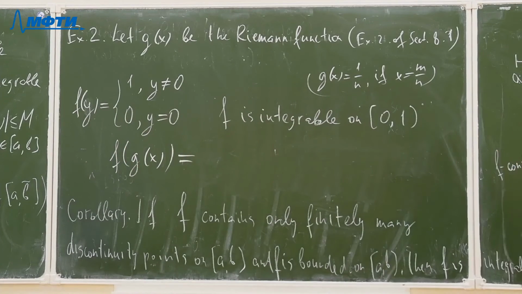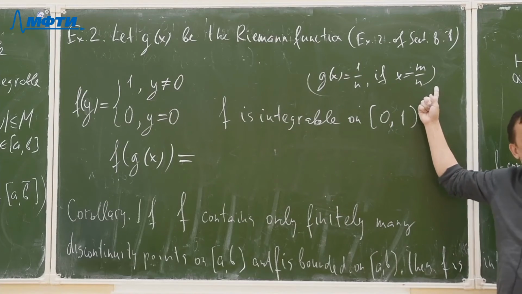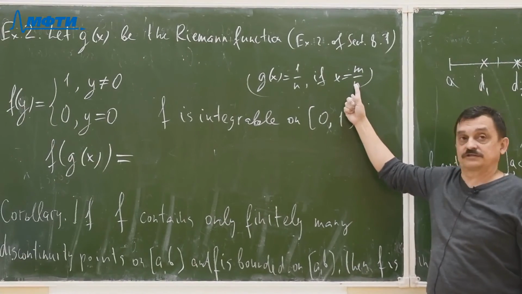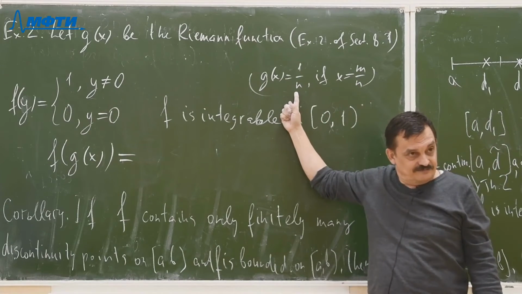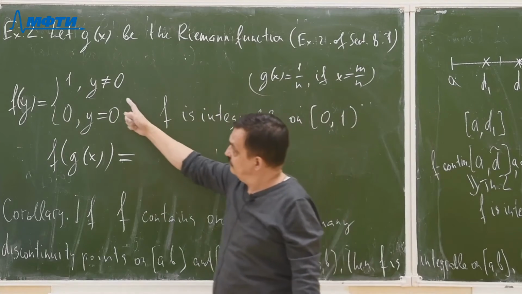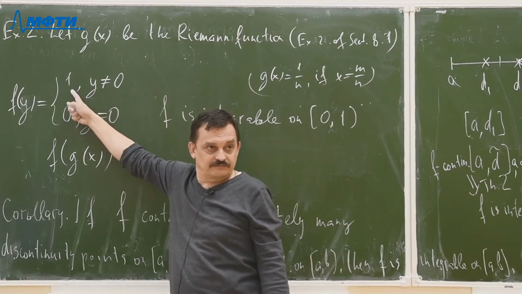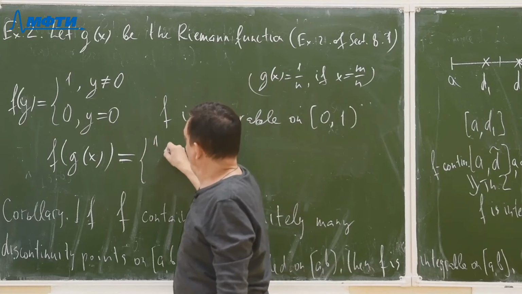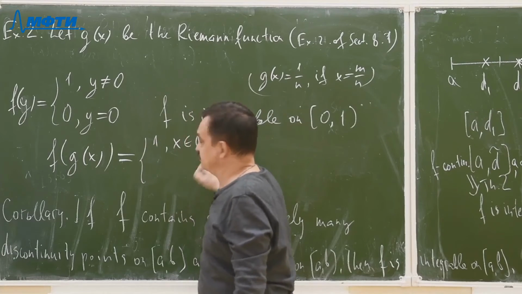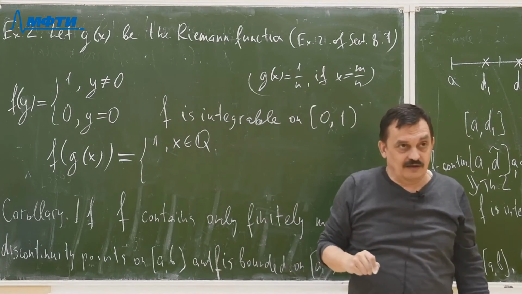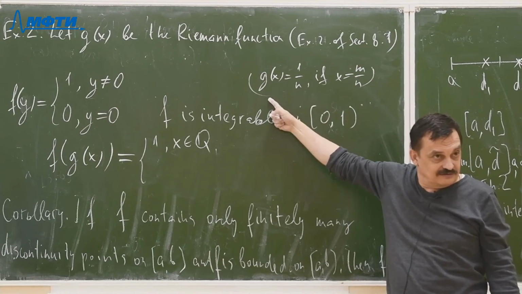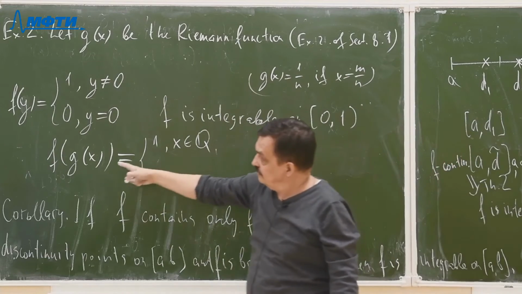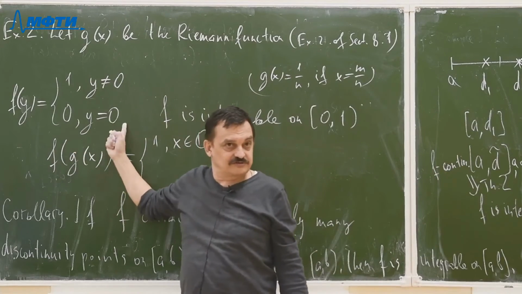Look, if x is irrational, then what happens? g of x is not 0, and if it is not 0, f equals 1. So this is 1 if x is irrational. And if x is rational, then g is 0, hence f of g is also 0.